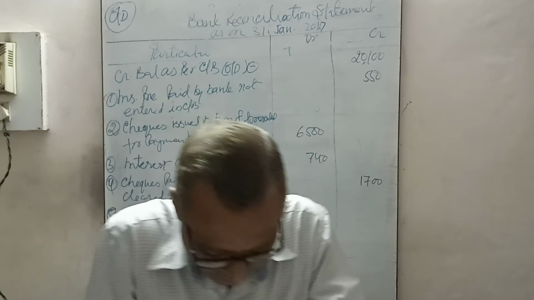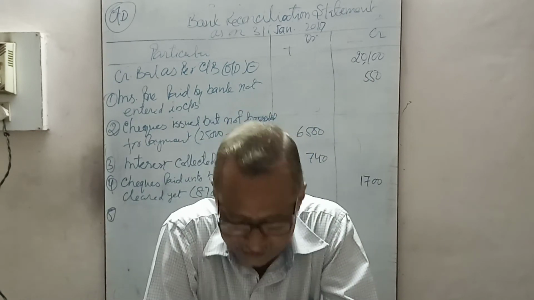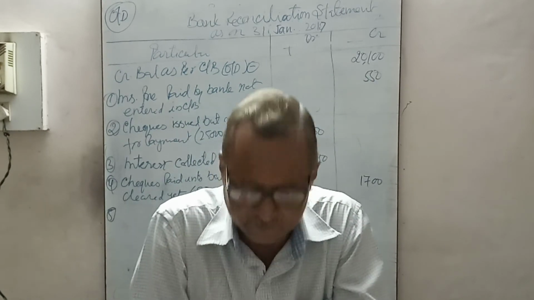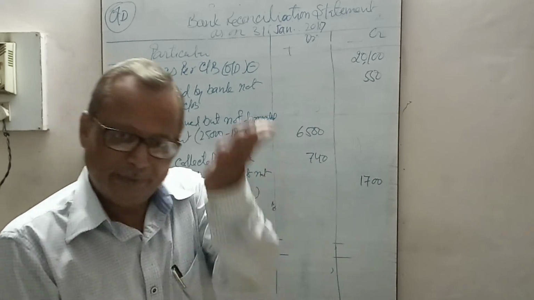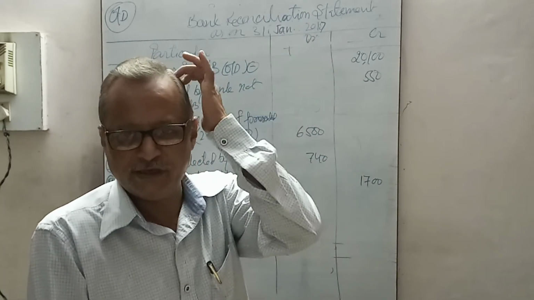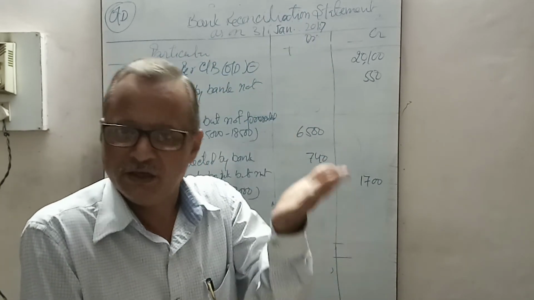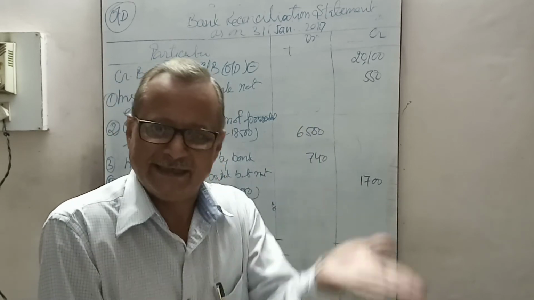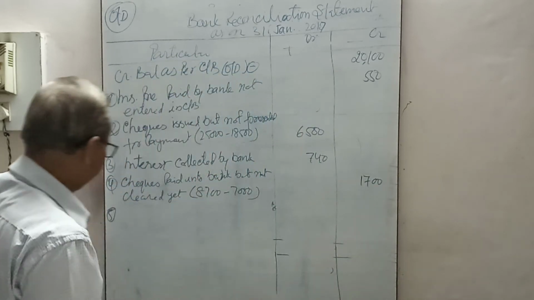The last item is a customer deposited 620 directly into the bank without informing Sanjay. The bank account is increased, the passbook is increased, whereas the cash book is not increased, so that should be increased. That is the plus item.